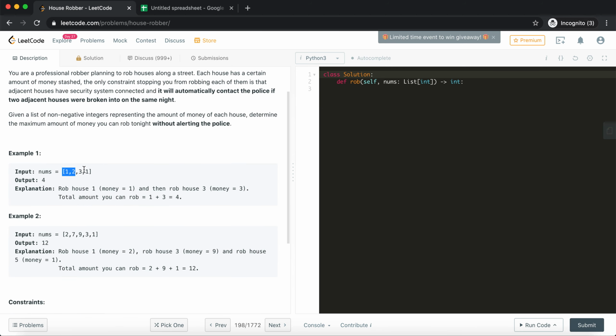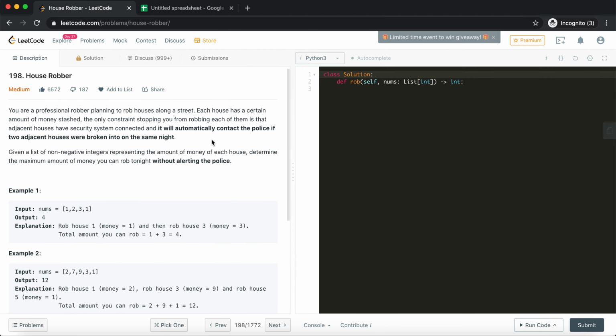For example, here there is an array with 4 elements, each representing a house: 1, 2, 3 and 1 units of cash. If we rob this particular house, then we cannot rob the adjacent one. So we can rob this, or this, or this, and we need to find the maximum amount that we can collect.